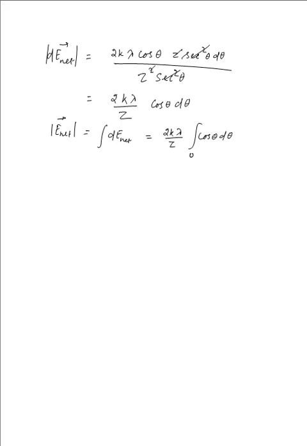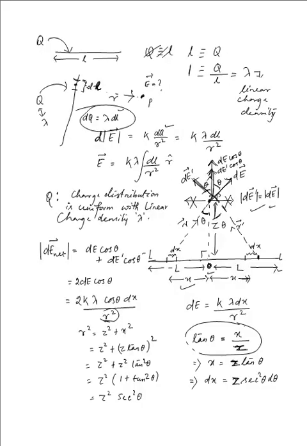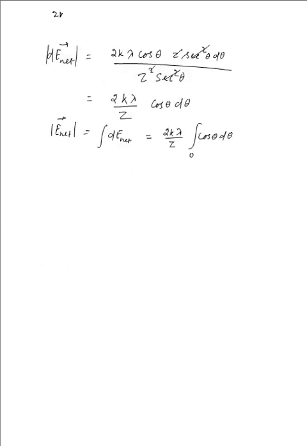Let me just write that down for you on this page for a better understanding. Initially we had 2k lambda cos theta dx divided by r square.